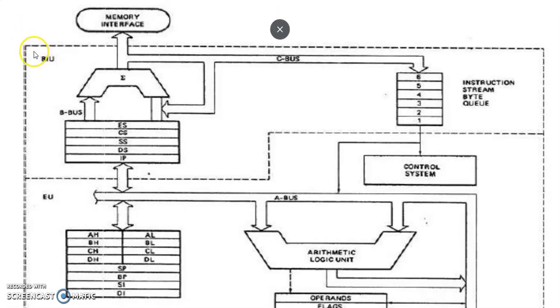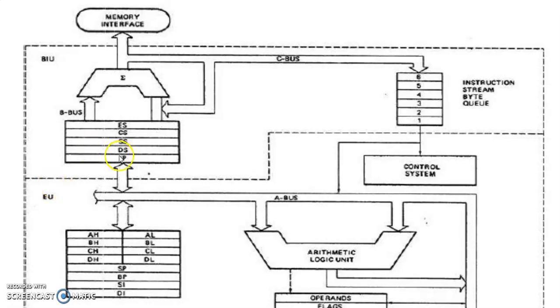For example, the bus interface unit basically does the work of interfacing the external peripherals like memory or IO devices with the 8086 with the help of these buses. That interfacing is controlled by the bus interface unit. And the execution unit performs exact execution of the instructions given by the programmer.